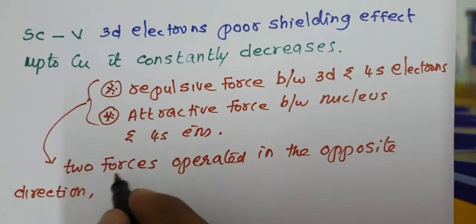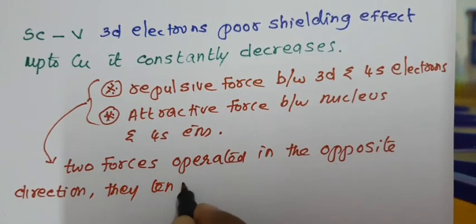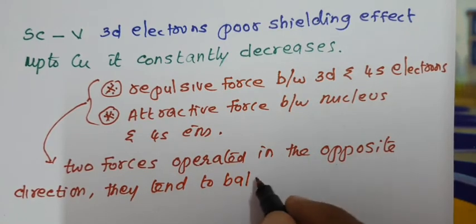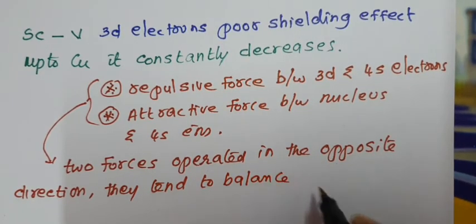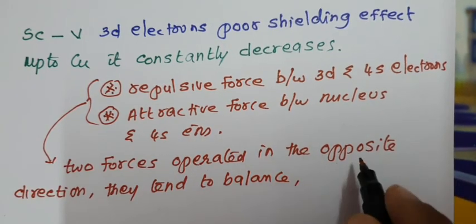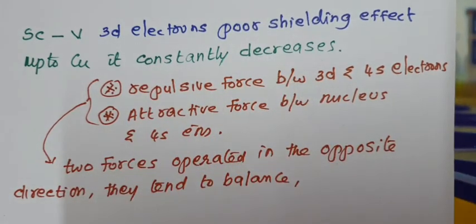Therefore, they tend to balance, and therefore there is a constant decrease in the atomic radius.